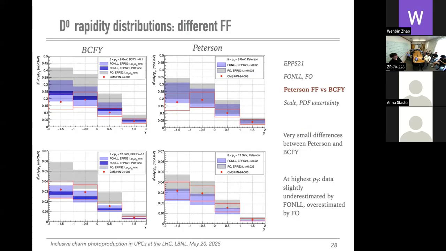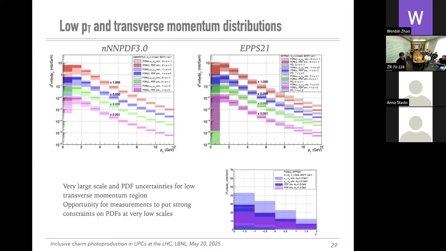In HERA data, you showed the PT spectra, right? And then you see some deviation at the high PT. Yeah, you see some deviation here. But this is not PT, right? It's not PT, but this is in PT bins, right? So now, of course, I have a PT distribution here. So if for example, here I have the PT spectrum, and this is the FONLL, and this is fixed order.